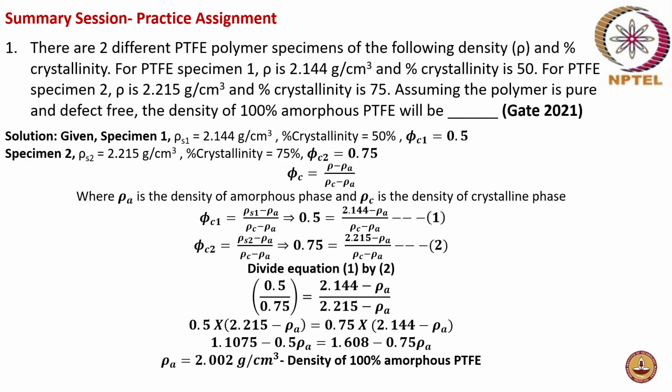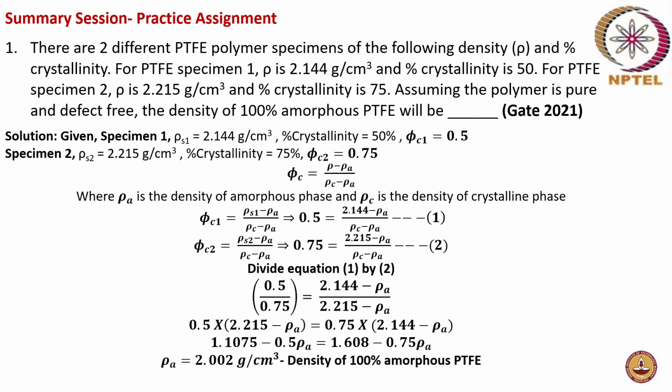Are you able to follow? Ma'am, can we do it as separate components? Like in this first specimen, can we write density times volume fraction plus density times volume fraction equal to the total density? Can we do it like separate components?